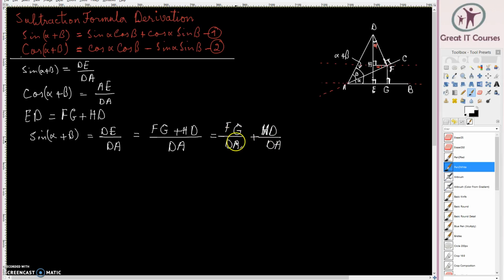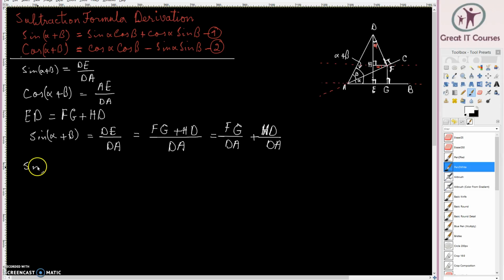So you can see that FG, if you want sine alpha here, FG divided by FA is what? Sine alpha, right? The opposite divided by the hypotenuse. So you can somehow bring in FA as well, right?